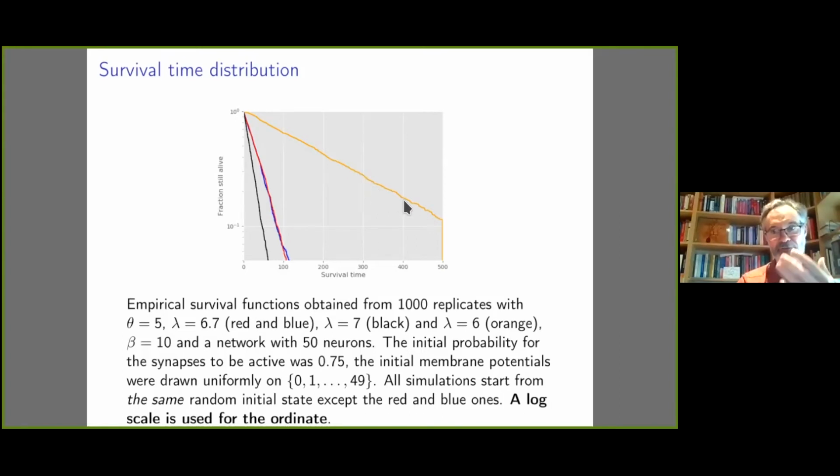Okay, so that's the survival function. And be careful, it's a log scale. So you have straight lines on a log scale. That means you have an exponentially distributed survival time, which is the key argument we have empirically to claim that our model exhibits a strong form of metastability.